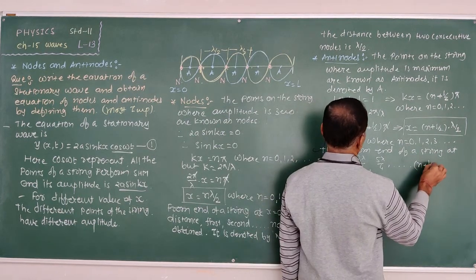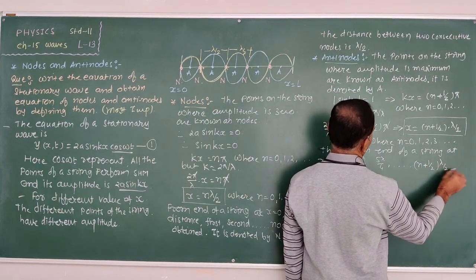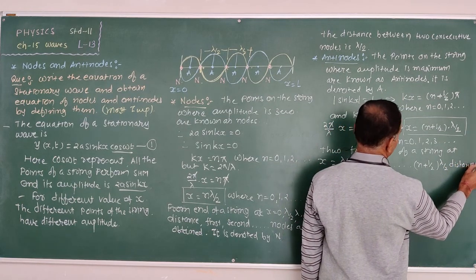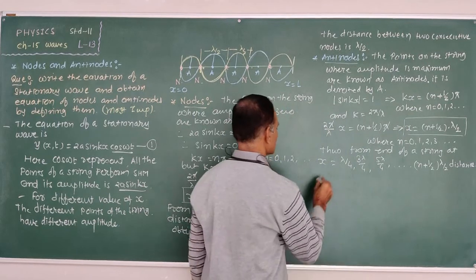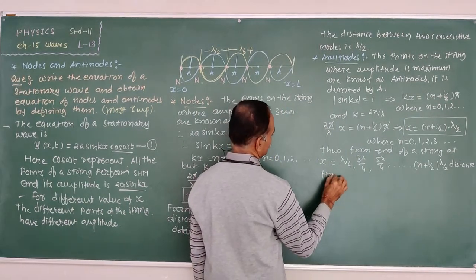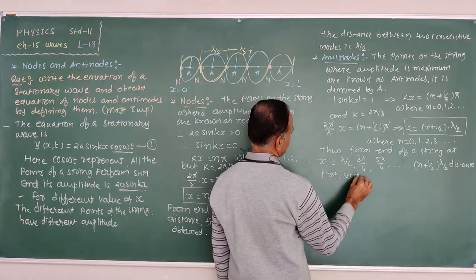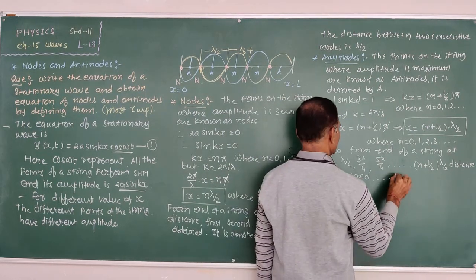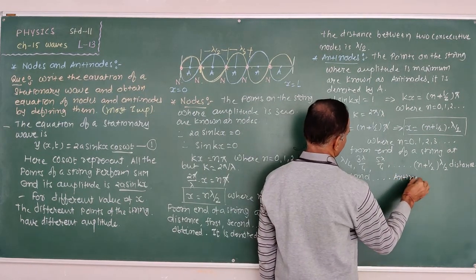From n plus 1 by 2 into lambda by 2 distance, the first, second, and so on, antinodes are obtained.